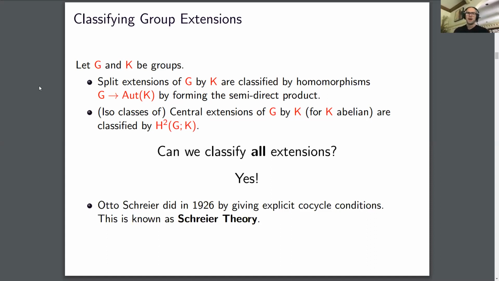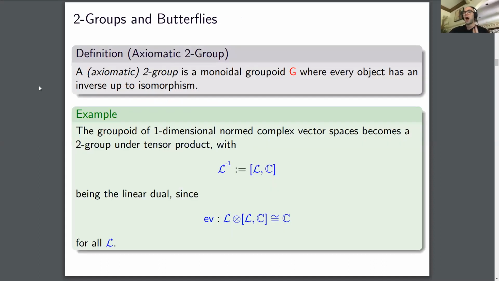The answer is because it has been pushed, extended, generalized. The context has been changed. It's been done for all sorts of different things. So now Schreier theory refers generally to the science of studying extensions of objects, but in particular group extensions or group-like extensions. So we're going to talk about higher groups here.